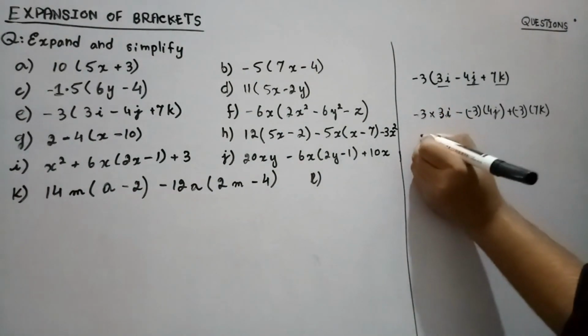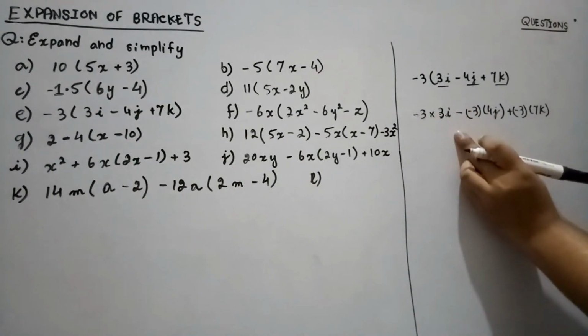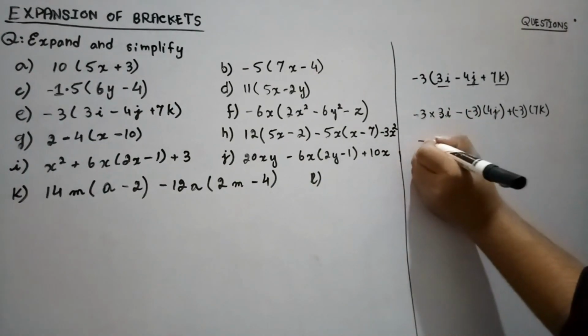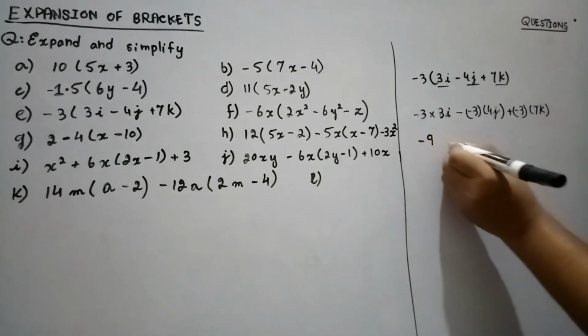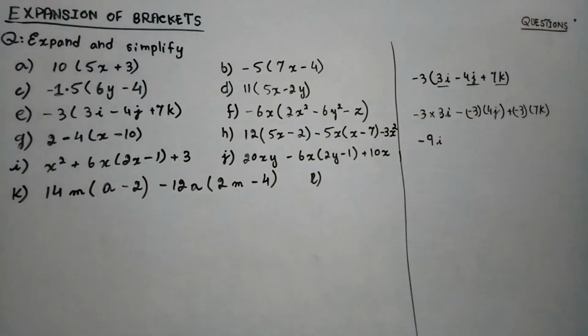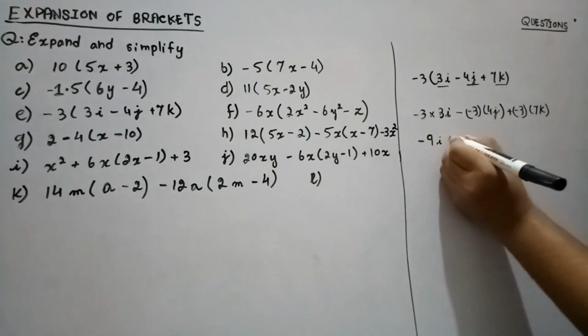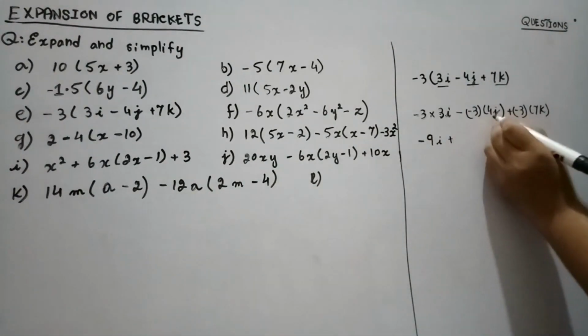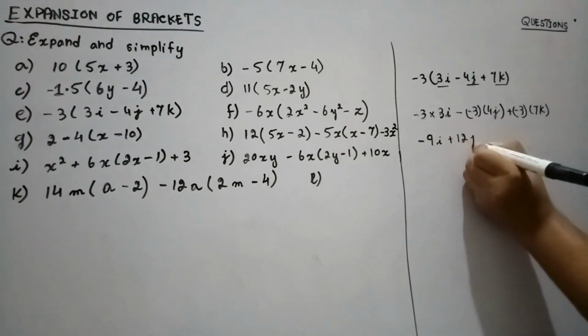So now we have negative 3 and a positive 3. A negative and a positive sign will give me a negative sign. So 3 3s are 9, with a negative sign, so minus 9i, because here we have i. Now here we have minus minus, so it will be equal to plus. Plus how much? 3 4s are 12, and j as it is.